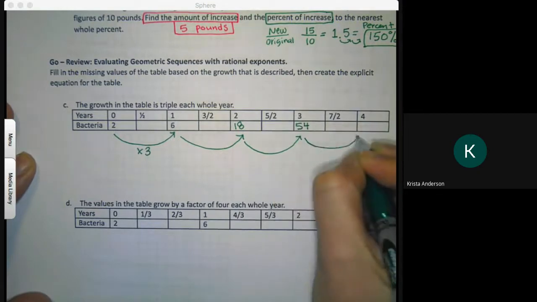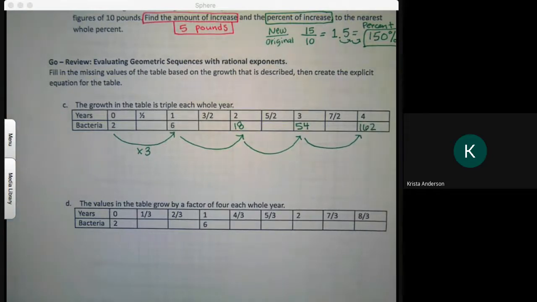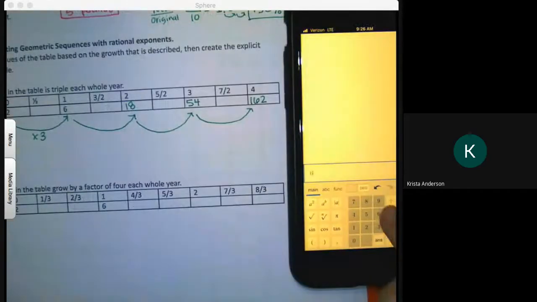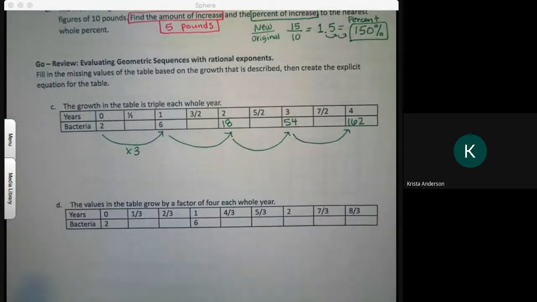And then times by 3 will be 162. I'm gonna check just to make sure I didn't mess anything up. 6 times 3, 18 times 3, 54 times 3. Okay. Everything is good for the whole numbers because I just multiplied it by 3 and followed.